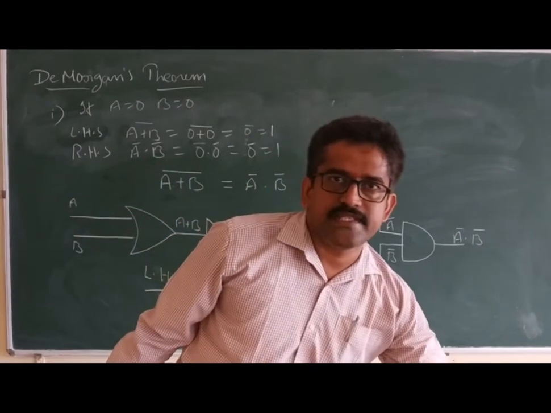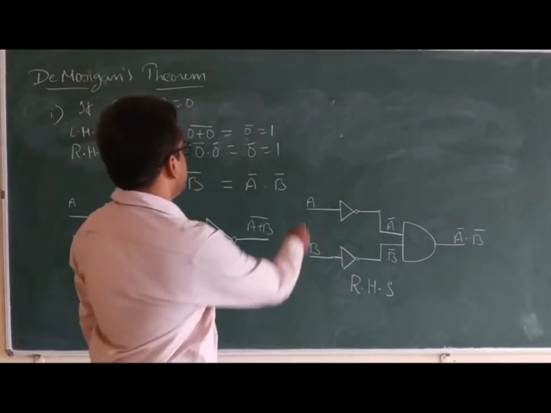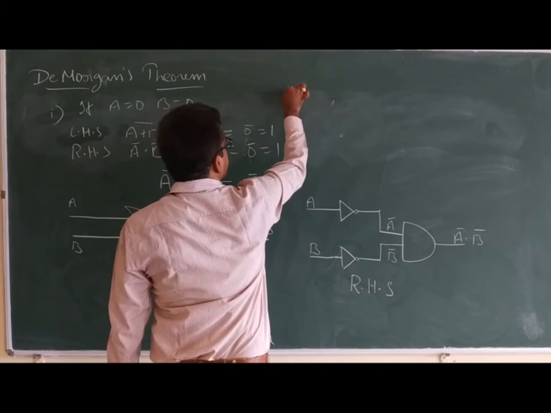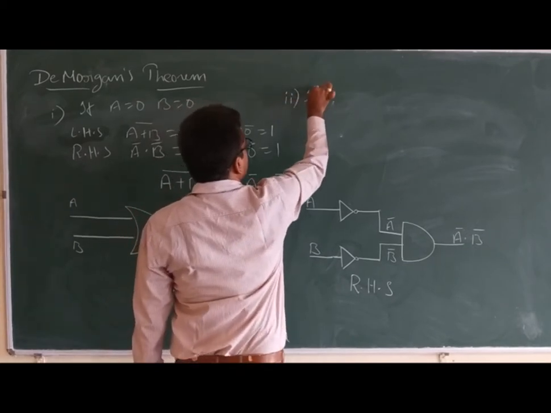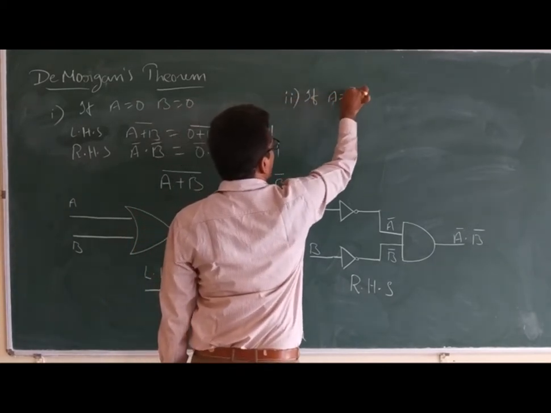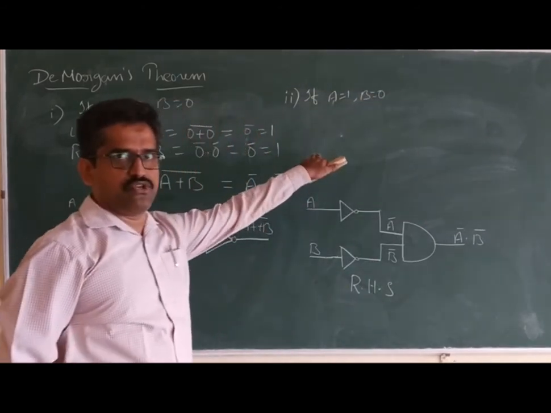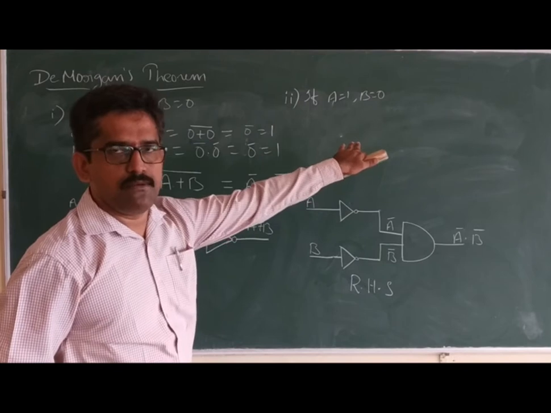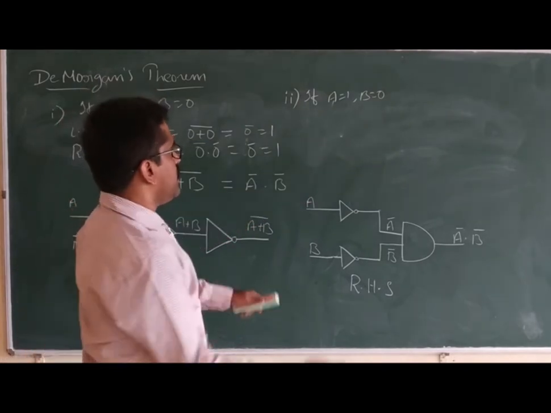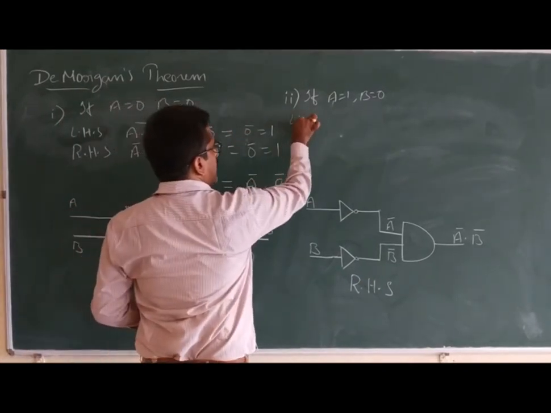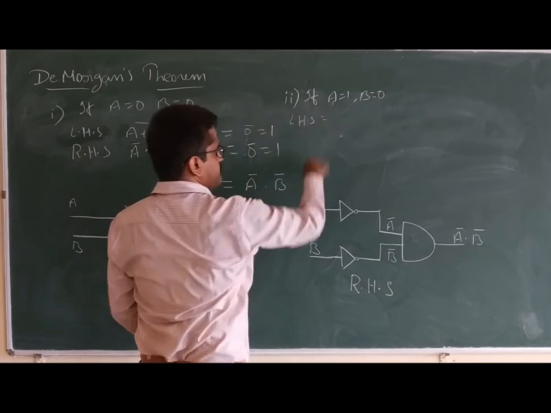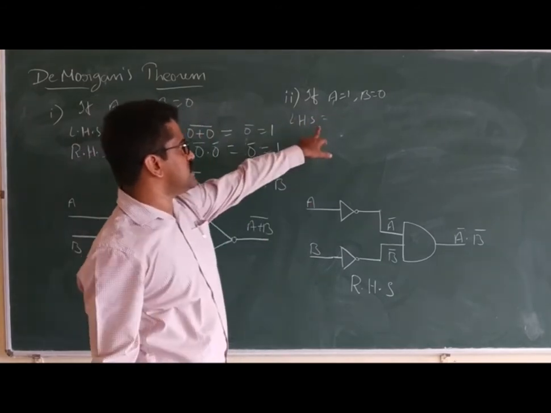Next we go to the second case. For the second case, A is equal to 1, B is equal to 0. For this case, A is equal to 1 and B is equal to 0. We are trying the LHS. See, what is the output of LHS?